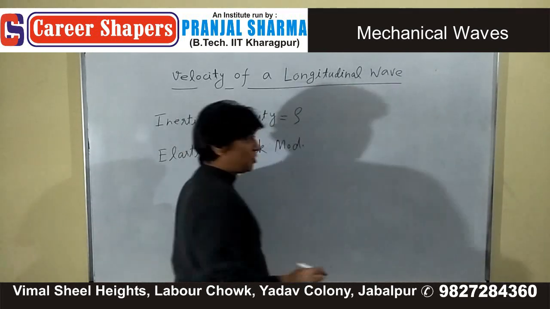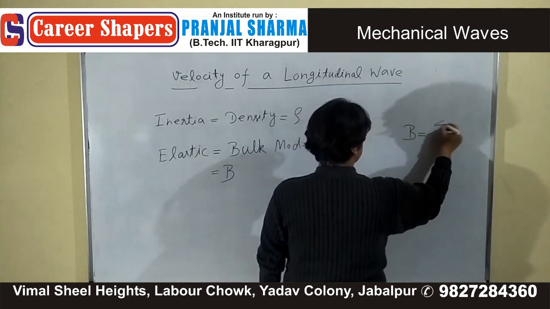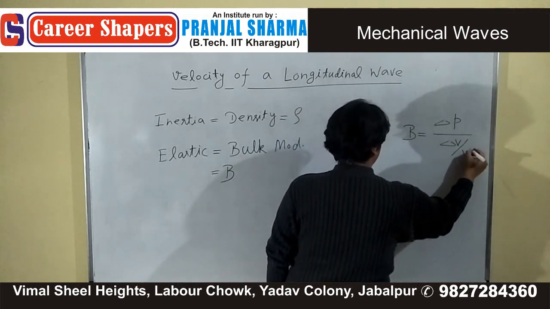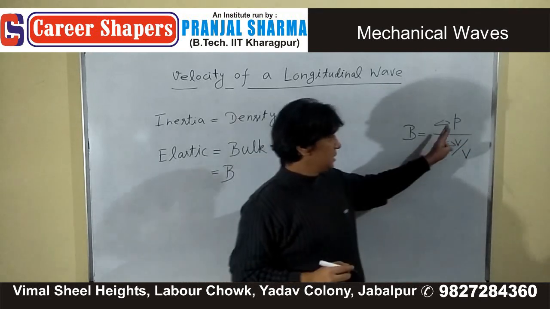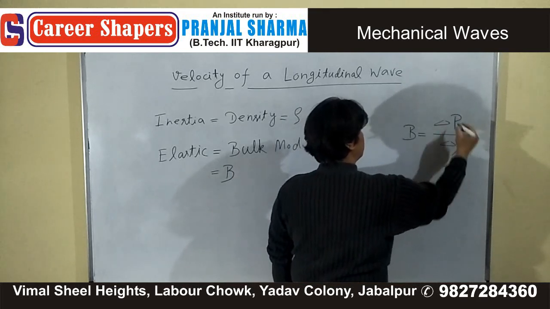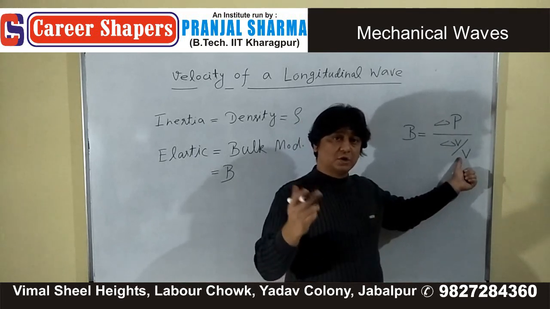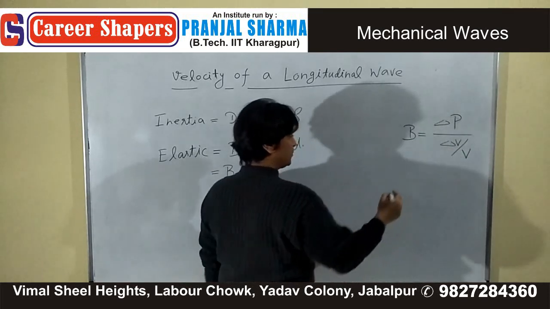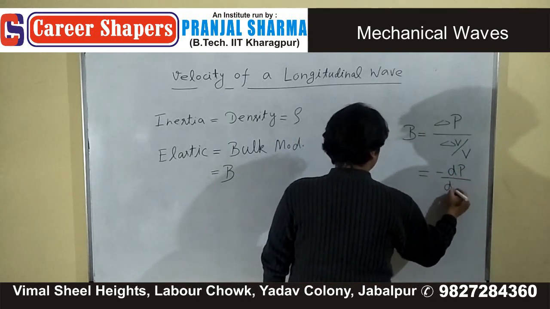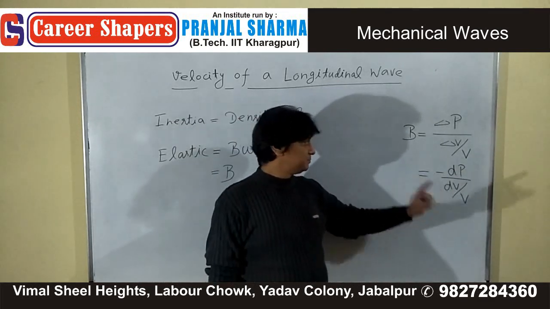We have discussed bulk modulus in this form. Bulk modulus is delta P upon delta V upon V: change in pressure divided by change in volume divided by the original volume. We also see in the differential version that it was minus of dP upon dV upon V. This is something which we have already seen.